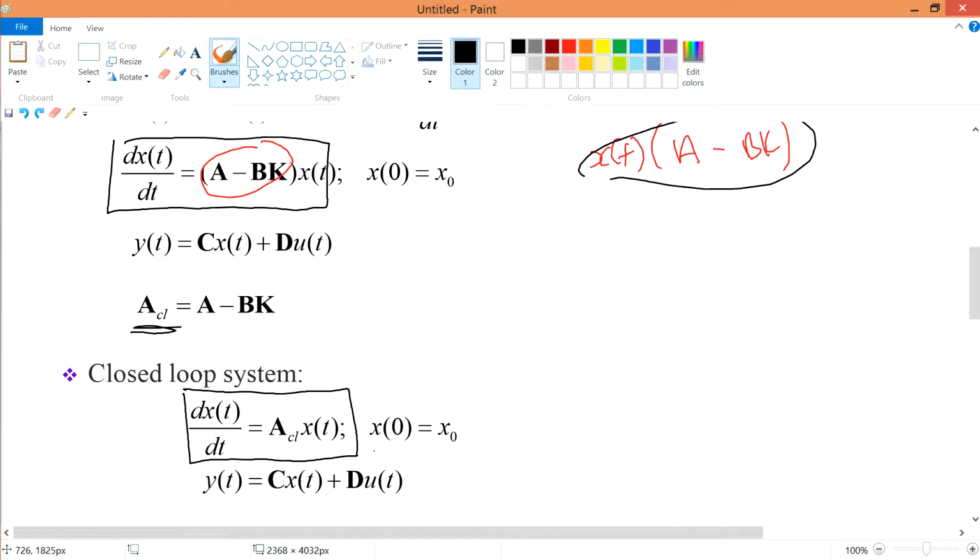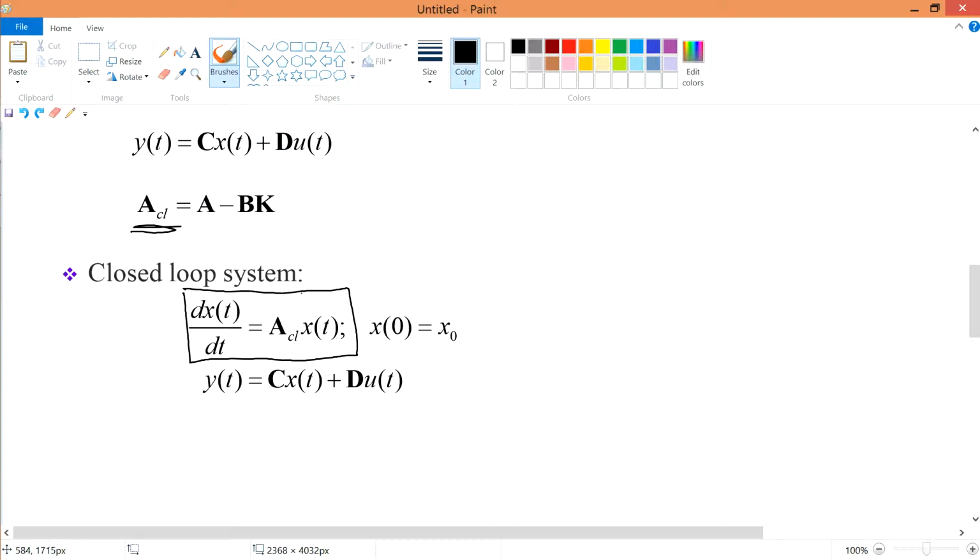Then if you Laplace transform this stuff over here, it is pretty straightforward. If you Laplace transform dx/dt, you have sX(s) minus x0. A_CL is simply some constants times x(t), so x(t) is changed to X(s).